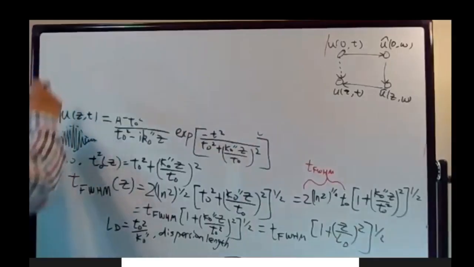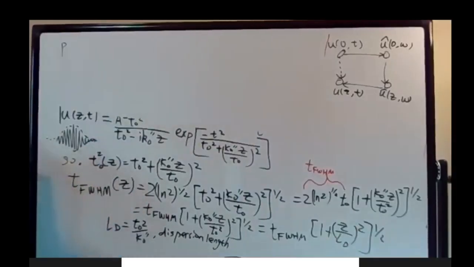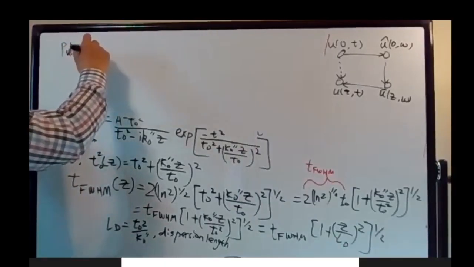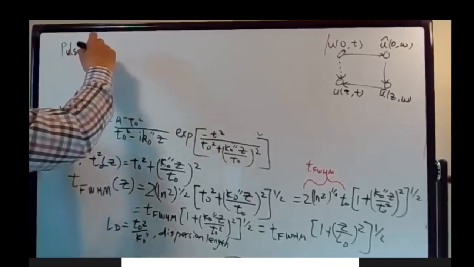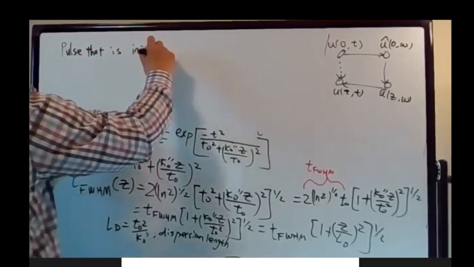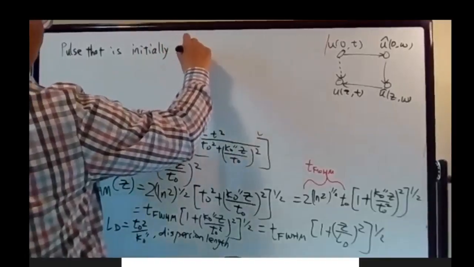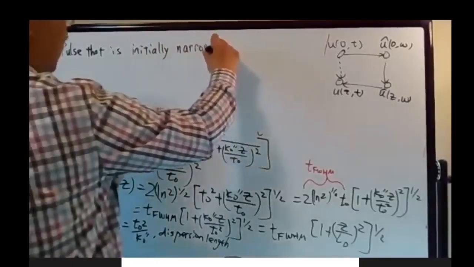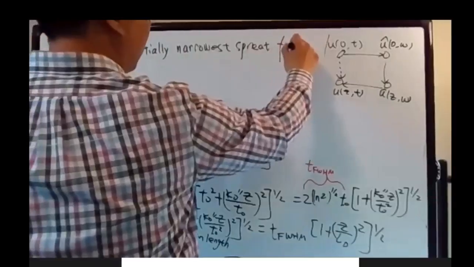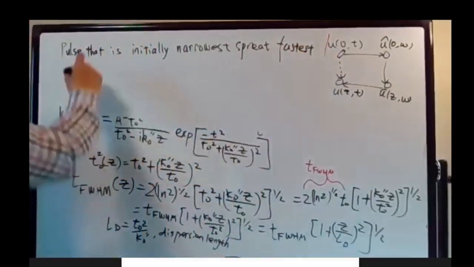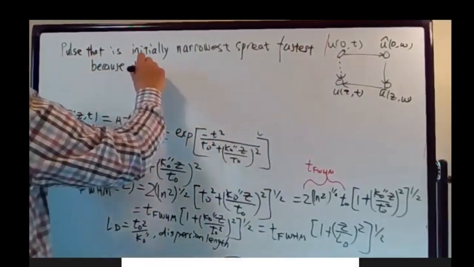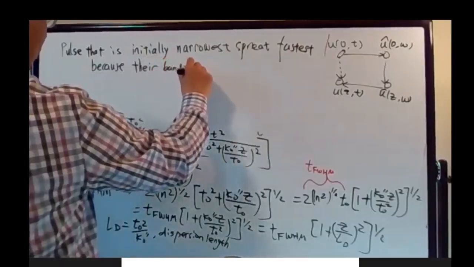A pulse that is initially narrowest spreads fastest, because of their bandwidth.